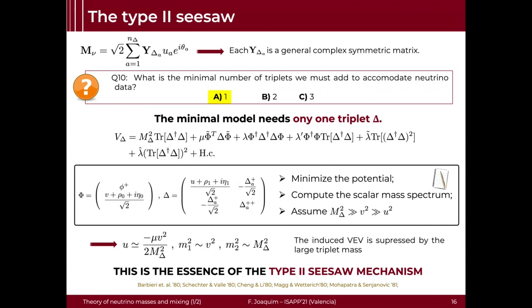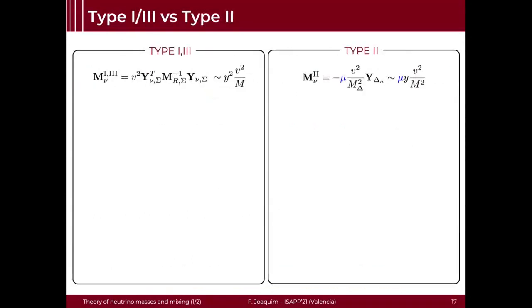There is an induced VEV for the triplet, which is triggered by electroweak symmetry breaking, but the suppression of this VEV is not only by the large scale m delta, but also by this mu parameter that can be small.